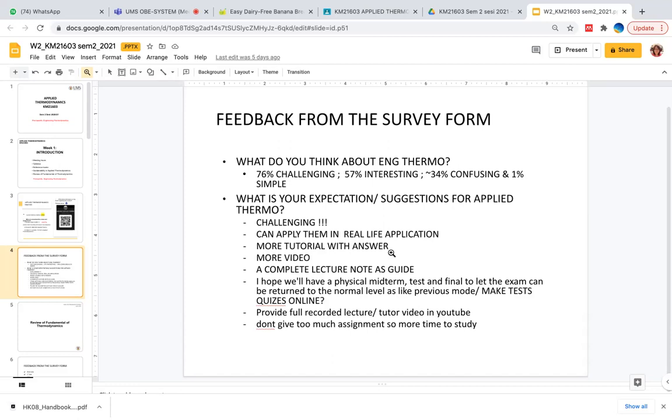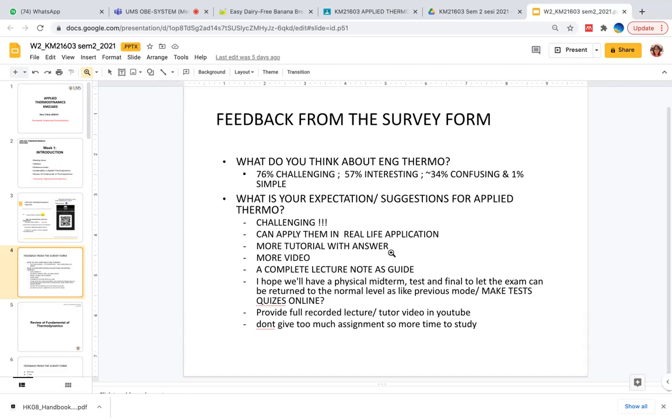But if you think you are not mature enough, you're still not confident, and you want to copy, I can assure you, you can copy your midterm, you can copy your test, but you will not be able to achieve good marks in your final. That's based on my experience. So my advice is to go through the lecture notes, videos, and tutorials.